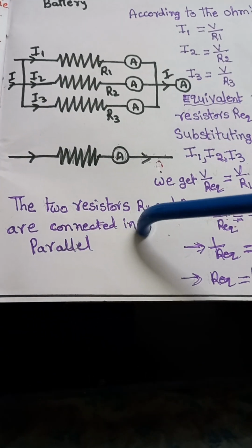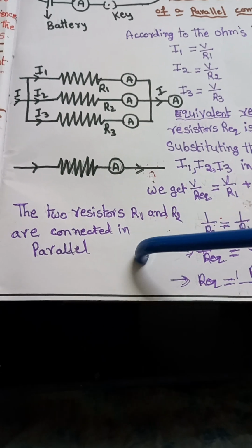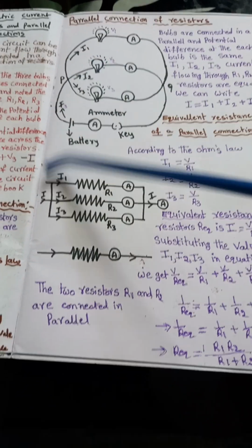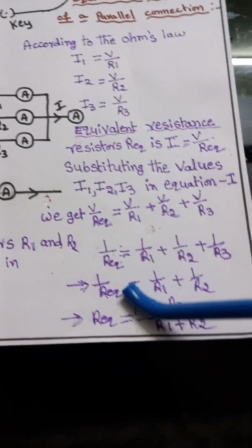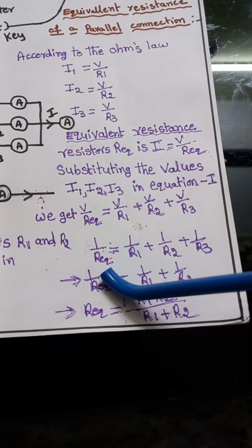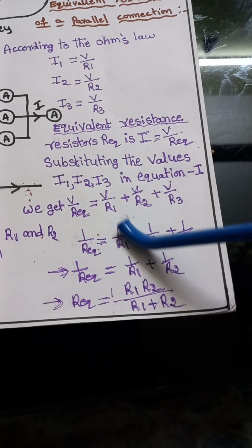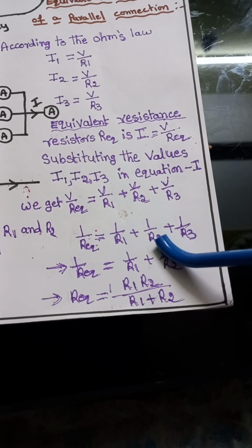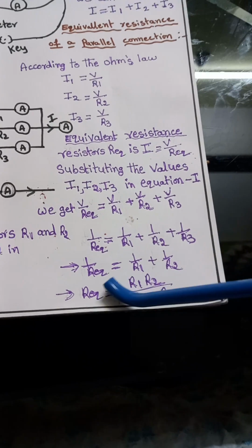So the resistors R1, R2 are connected in parallel. So 1 by equivalent resistance is equal to 1 by R1 plus 1 by R2 plus 1 by R3.